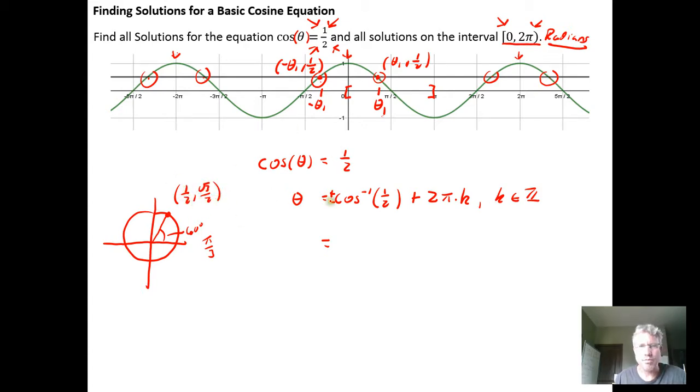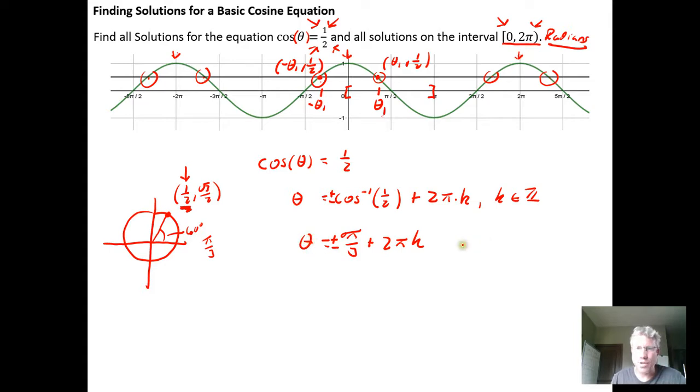And the cosine is the x-coordinate. So what angle generates an x-coordinate of 1/2? Well, 60 degrees or pi over 3 radians. So because I'm working in radians, I'm going to replace cosine inverse of 1/2 with pi over 3 radians, put my plus or minus in front of it, and go plus 2 pi k.